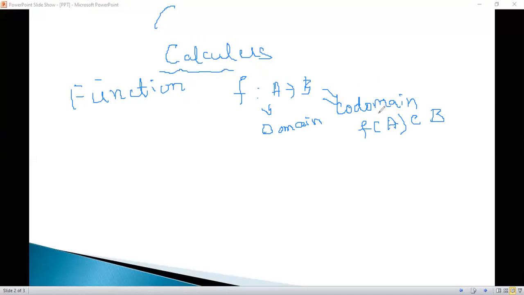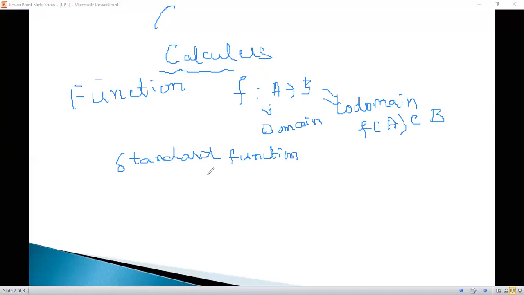Here in function we have discussed some standard functions, like identity function, constant function, modulus function, sine function.